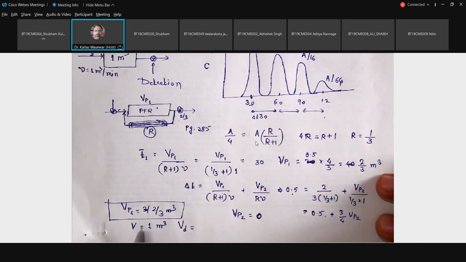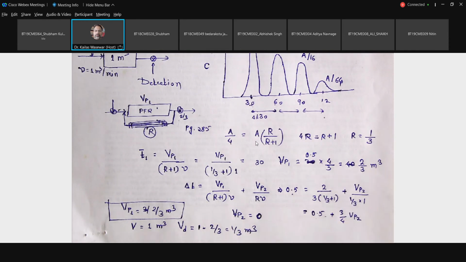And that dead volume will be 1 minus 2 by 3. That is 1 by 3 meter cube is the dead volume. So this is the calculation that we have to do for the compartment model. Okay. So this way we can model our real reactor with the help of residence time distribution.